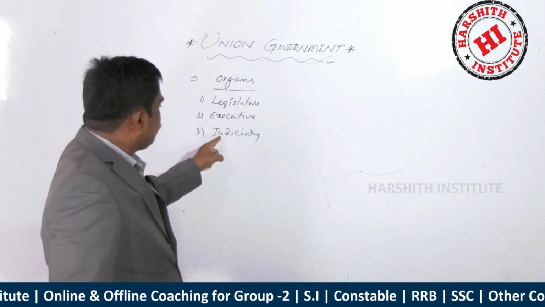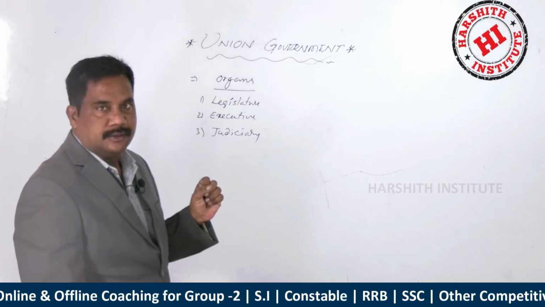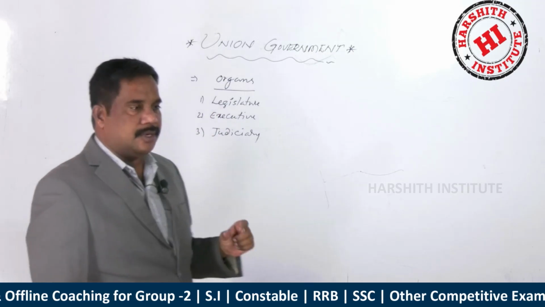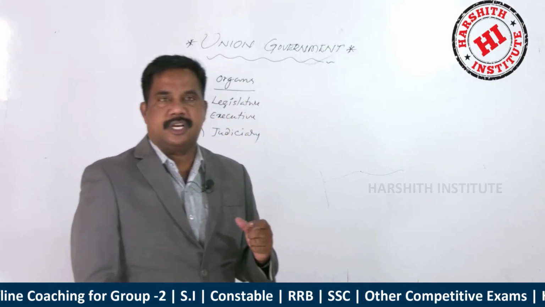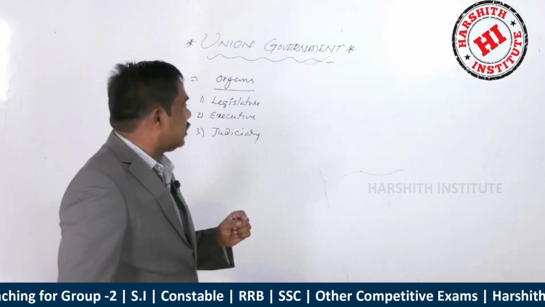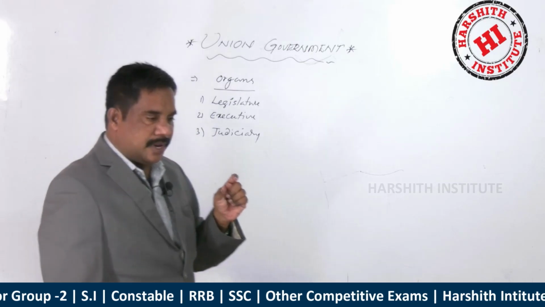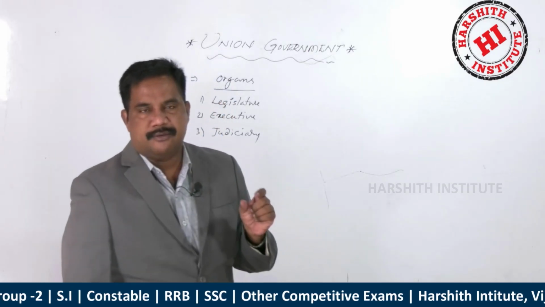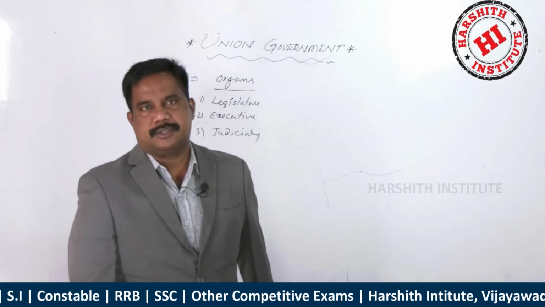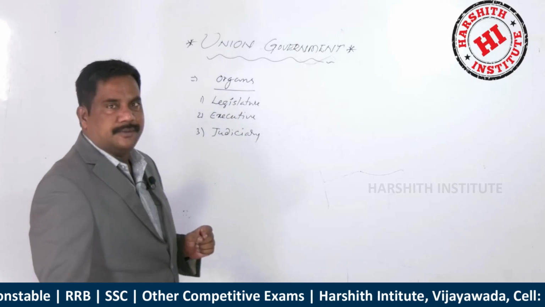Whether it is union government or state government, whatever the government, it will have three organs: legislature, executive, judiciary. This is a very basic, very fundamental concept in polity.